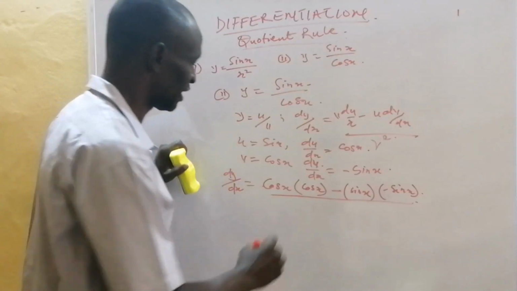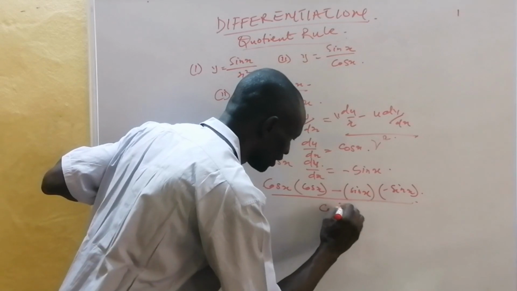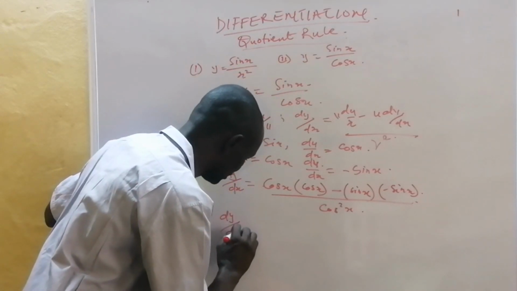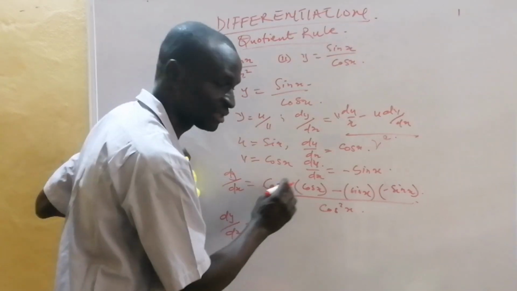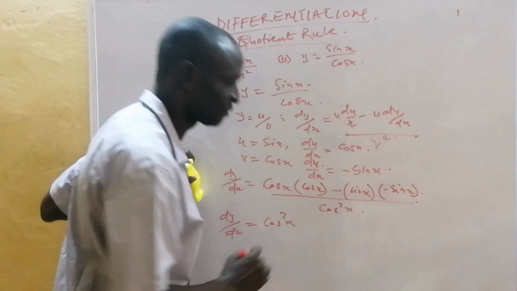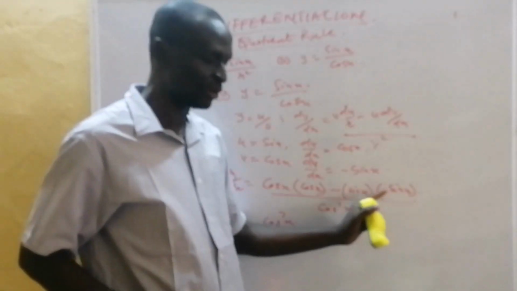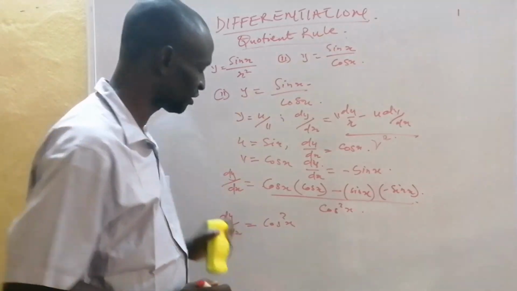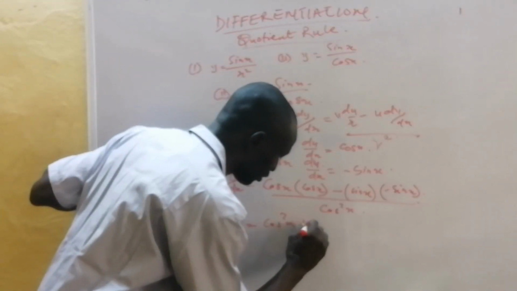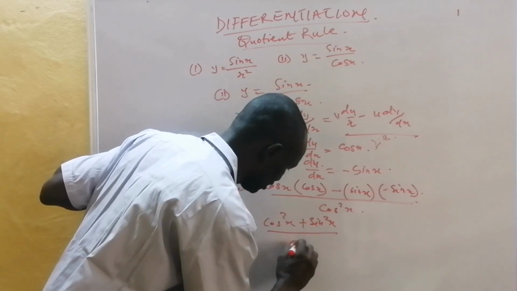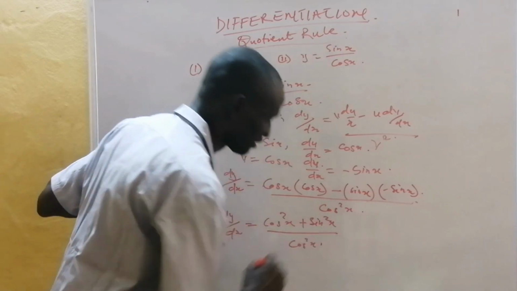Remember my v is cos x, that's cos squared x. So your dy/dx is equal to cos x times cos x, that's cos squared x, minus times minus, that's plus sine x times sine x, that's sine squared x. Sine squared x plus cos squared x over cos squared x.